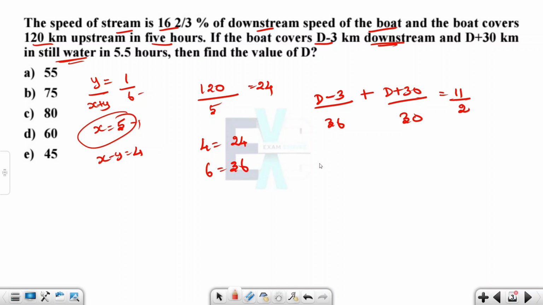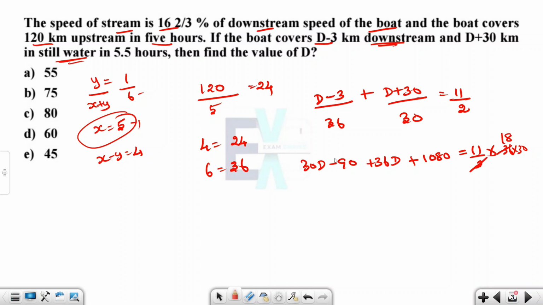Now, if we cross multiply, we get 30d minus 90 plus 36d plus 1080 is equal to 11 by 2 into 36 into 30. Now if we cancel, this is one time and this is 18 times.